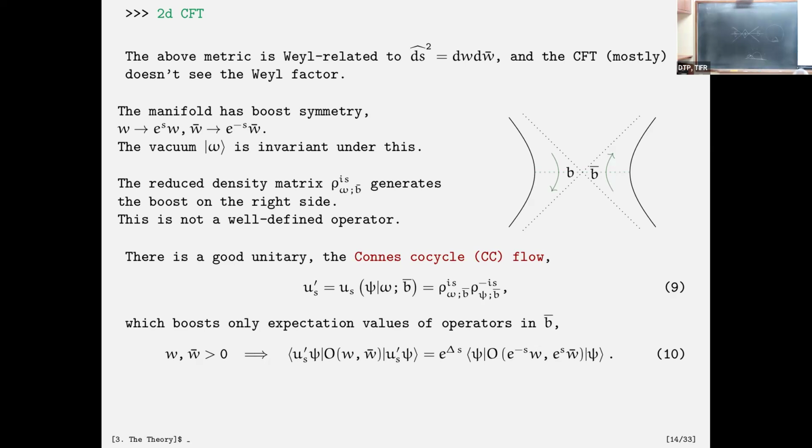Does it use that omega and psi are the same on the left? No, it does not use that omega and psi are the same on the left. It only uses that they're in the same Hilbert space. So the UV structure is the same. In fact, when you write it out in terms of deltas, one of these will be a normal delta and one of them will be a relative delta, so that whatever is on the left cancels it.